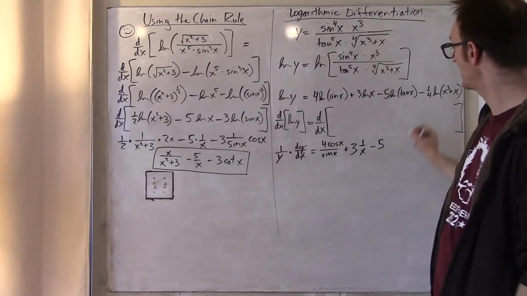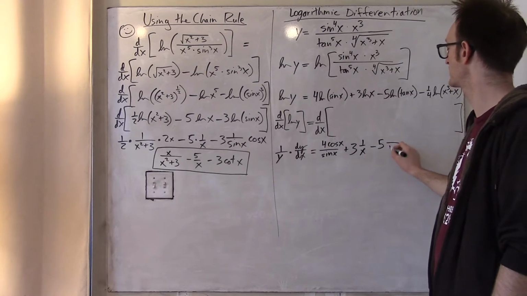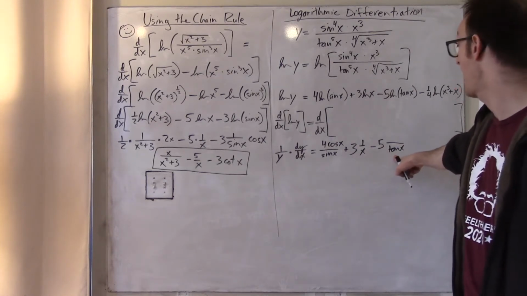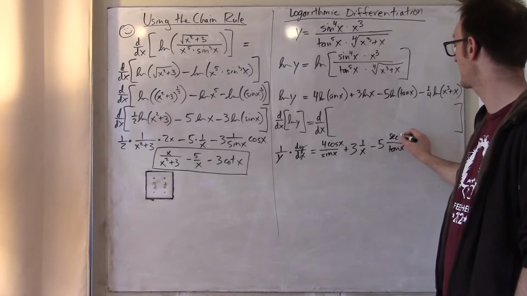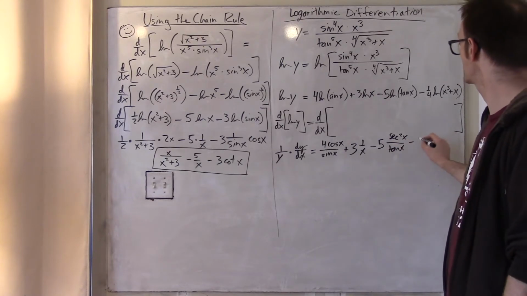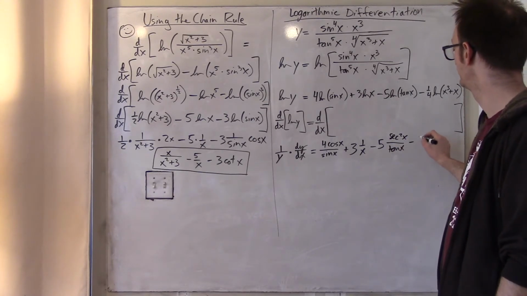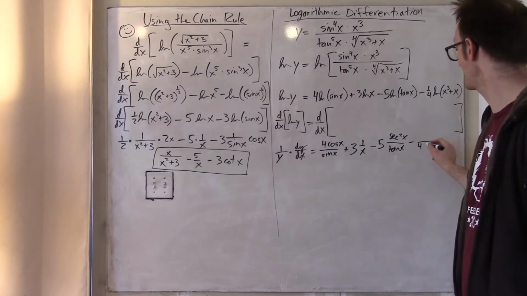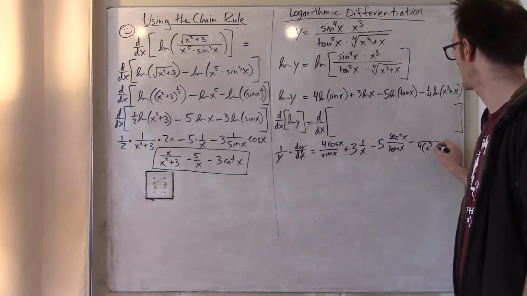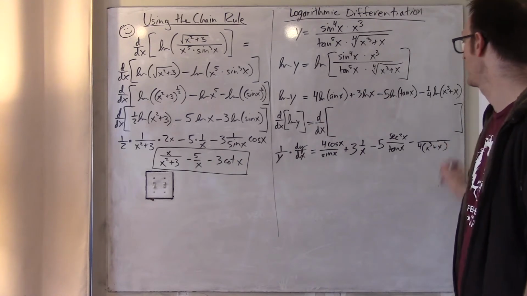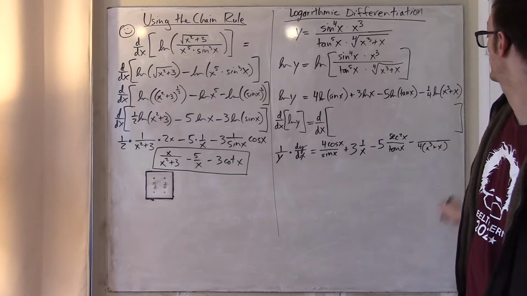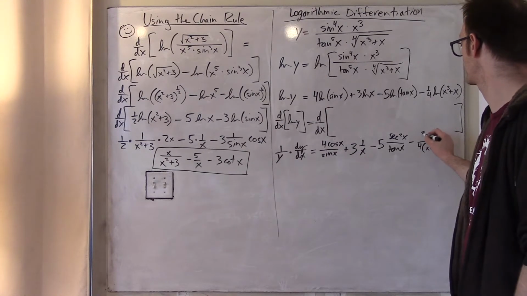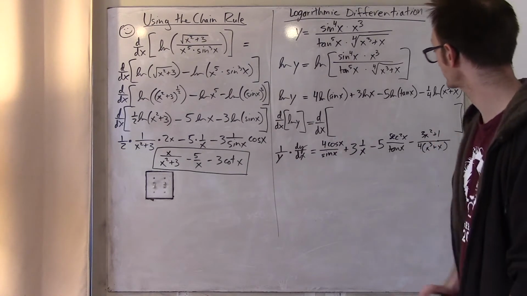Well, the derivative of ln of something is 1 over the something, times the derivative of the something, and the derivative of tan is secant squared, minus 1/4 times the derivative of ln of something is 1 over the something, times the derivative of the something, and the derivative of x cubed plus x is 3x squared plus 1.